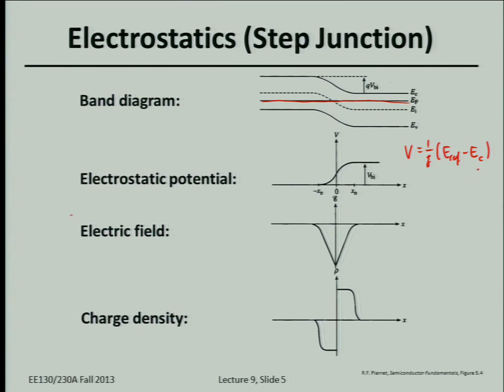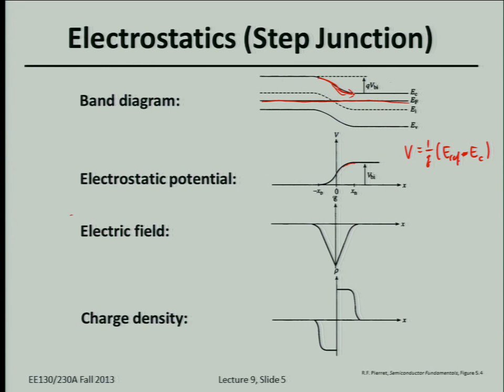It doesn't matter. Basically, this minus sign means that whenever V goes down, E sub C goes up. Or I should say the other way: if the electrostatic potential goes up, then E sub C comes down. It has the same shape, it's just opposite direction of curvature.